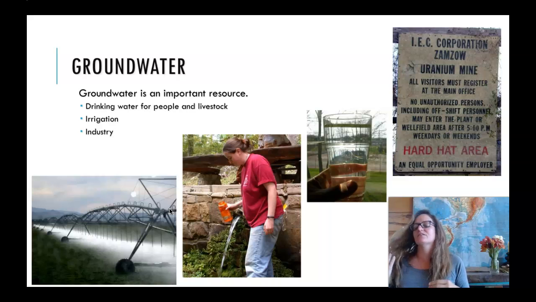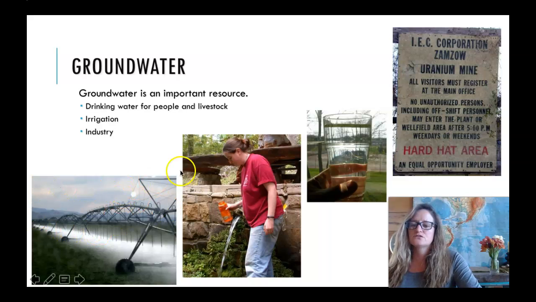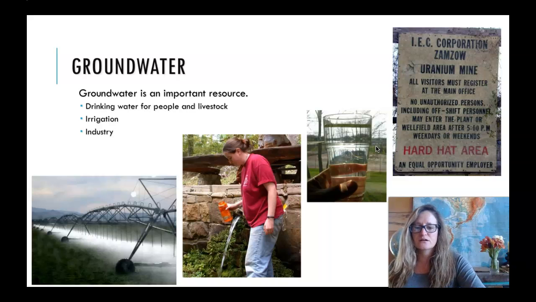But outside of town and outside of campus, most people have a well in their yard, and they have drilled down into the bedrock, tapped into a fracture, and get water out of the ground. So irrigation, drinking water, and industry all use water. Mining uses lots of water. Agriculture uses lots of water. So we study groundwater because it is such an important resource.